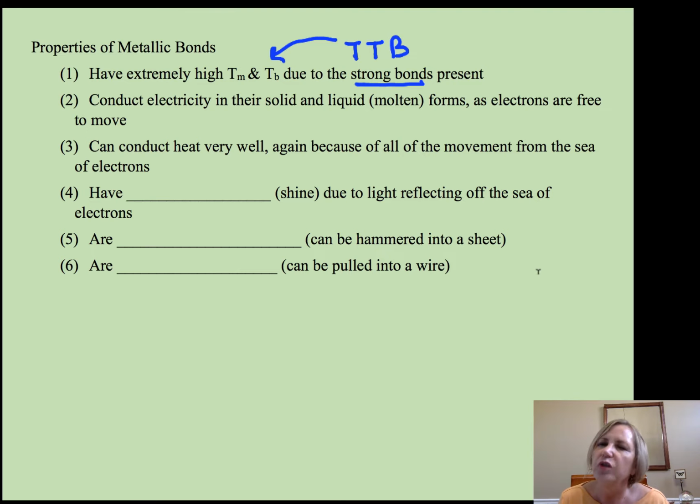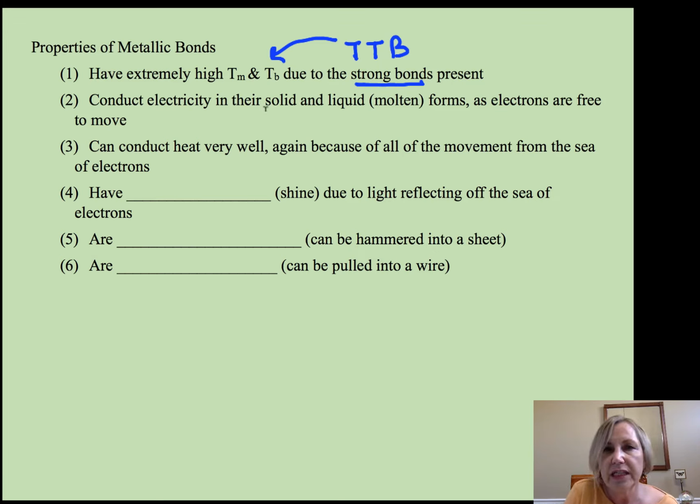There's a couple of groups that follow a trend, but a lot of the groups will go up and then down. So it's not something that I would typically have my kids memorize trends of, but just to be able to explain that it takes a lot of energy to break the metallic bond, which is what happens in a phase change, and so it's going to have a high melting point.